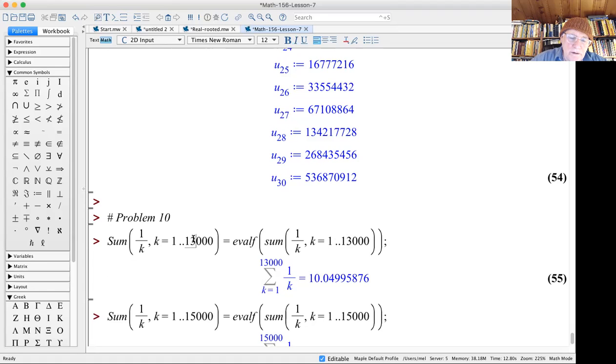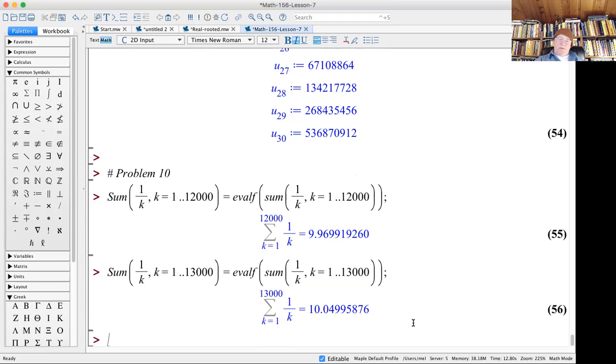What about 12,000? So I didn't have to do all this, but still it says that if I go up to 12,000, I get a sum which is less than 10. Up to 13,000 is bigger than 10. So I want to find the smallest k, the first time I get some number bigger than 10.